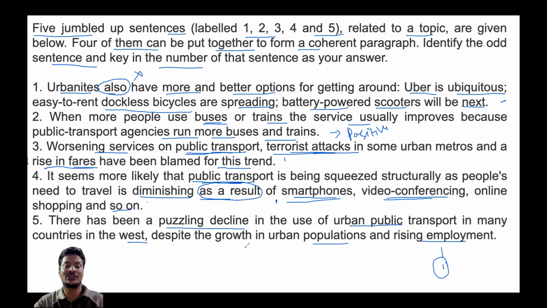There has been a puzzling decline in the use of urban public transport in many countries in the West. So it tells us where it happens, and what happens despite the growth in urban population and rising employment.